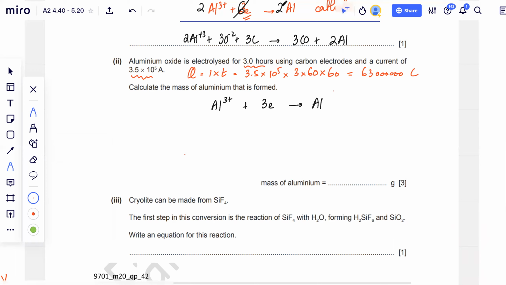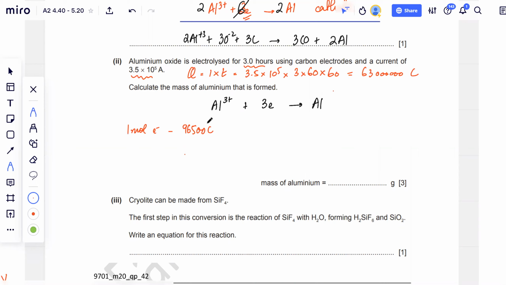Now, since you have the charge now, it's one thing that we studied just recently. That was the Faraday constant. The Faraday constant is the charge on 1 mole of electrons. We know that 1 mole of electrons carries a charge of 96,500 coulombs. This was the only important ratio.